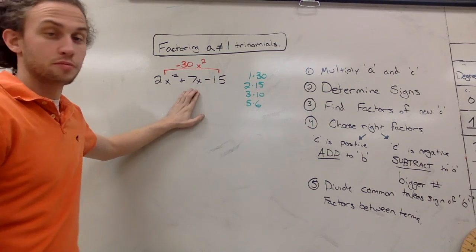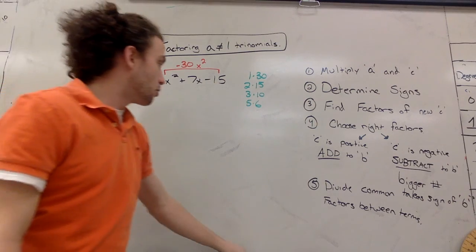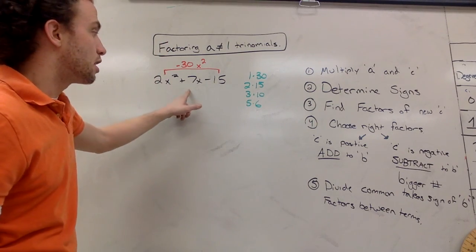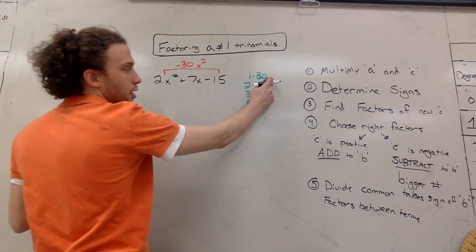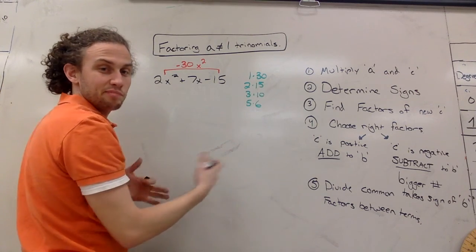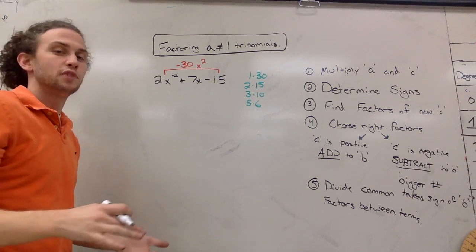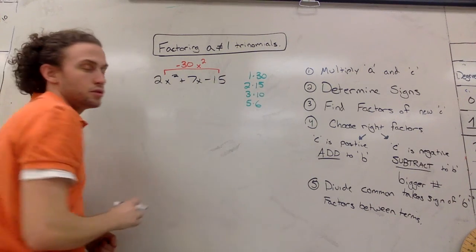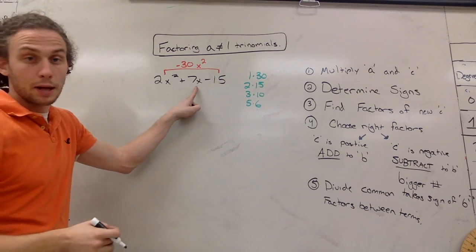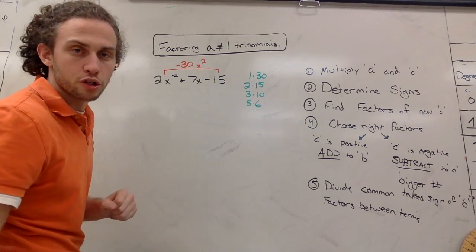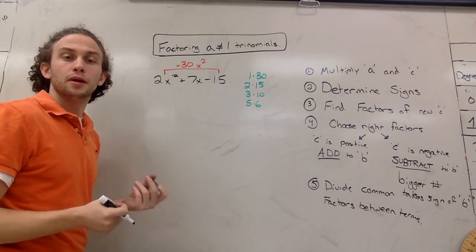They have to subtract to this middle term, all right? And the bigger number always takes the sign. So I look here, I say 30 minus 1 is 29. Doesn't work. 15 minus 2, 13. Doesn't work. 10 minus 3, 7. 7's what we got.